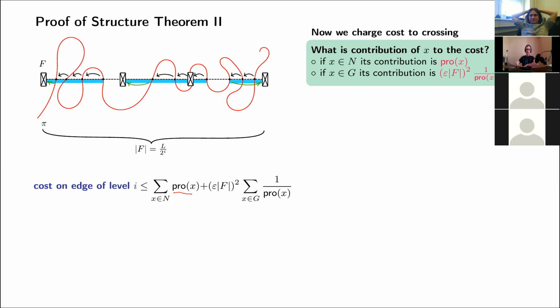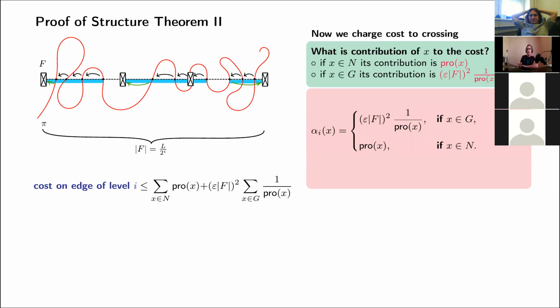So let's define this function of the contribution of the cost. I define this coefficient alpha i of x, and it will be this contribution of the cost to be pro of x, if this crossing is in the near set, and this other expression when this is in the great set.